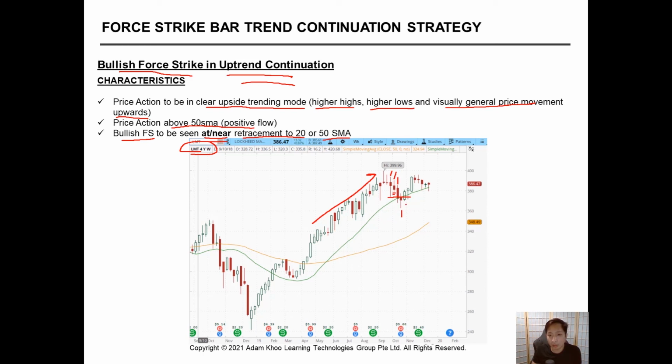It's actually the fifth bar, a markup bar that forms and closes back within the mother bar range and tests the 20 SMA. So this is a valid bullish FS structure.